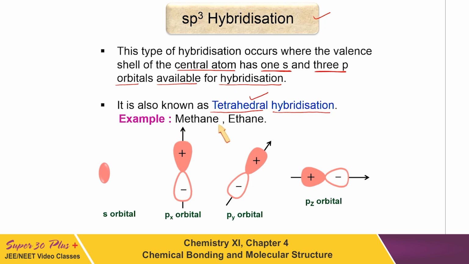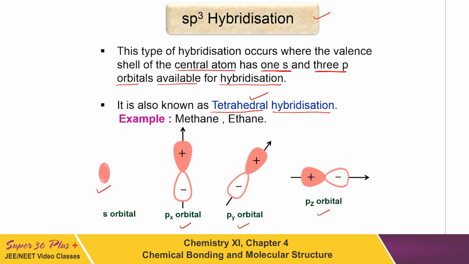So methane and ethane, both are organic molecules, both are hydrocarbons. They have sp3 hybridization. So what happens in the sp3 hybridization? Like I drew in the previous slide also, 1 s and 3 p. Which ones? px, py, pz, all of the p. The p subshell has 3 orbitals, px, py and pz.